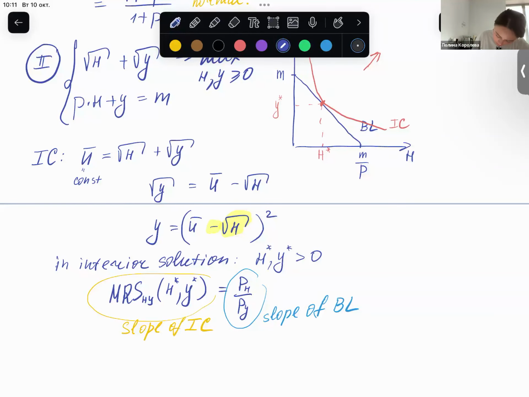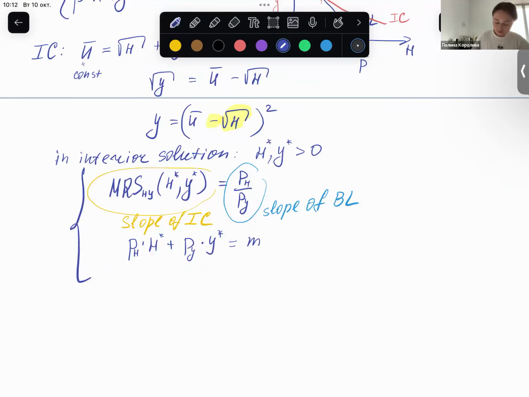So we write down the price of heating multiplied by the amount of heating plus the price of composite good multiplied by the amount of composite good. These are spendings on both goods, and should be equal to the monetary income. So this is, you see, two equations with two unknowns, and we can find it.